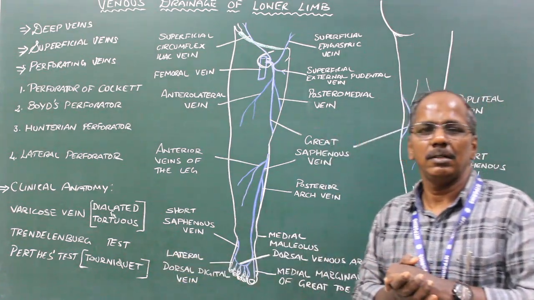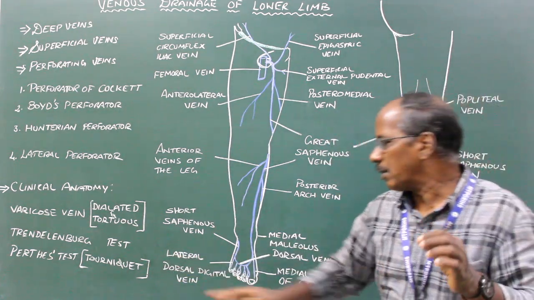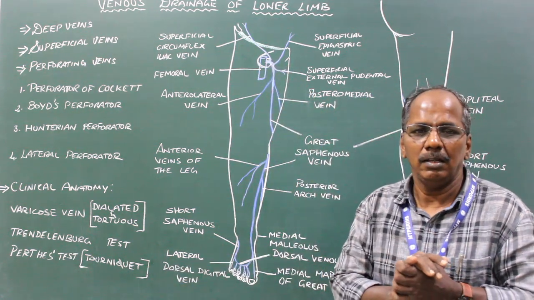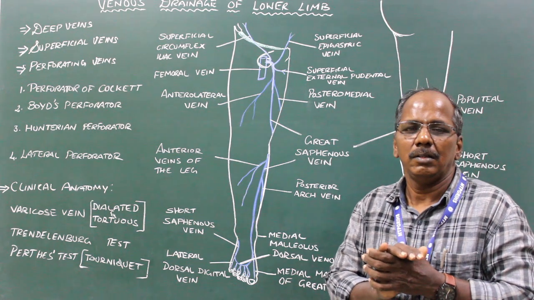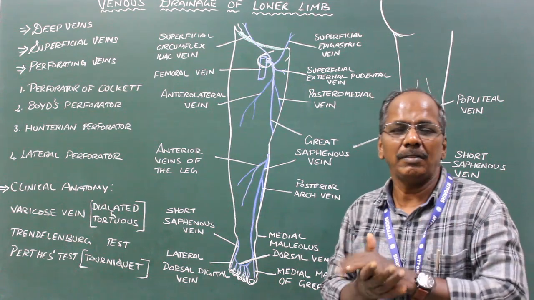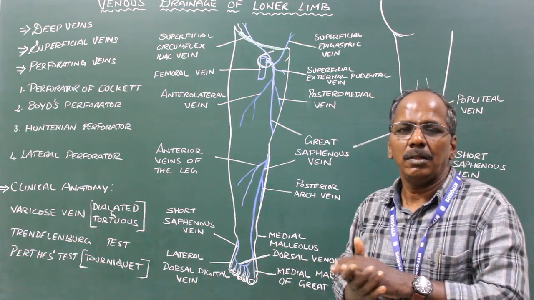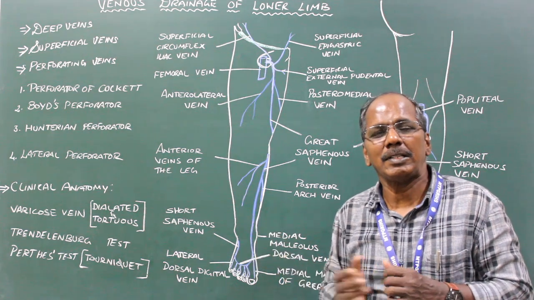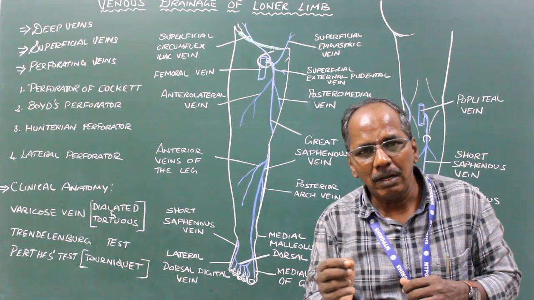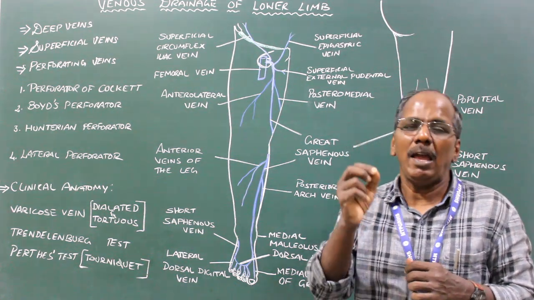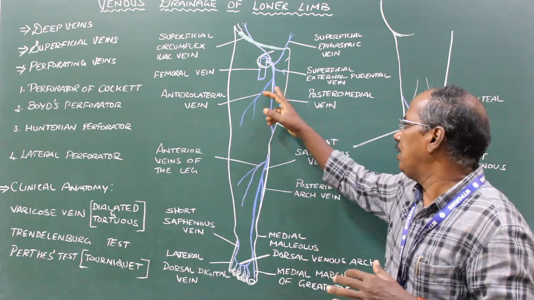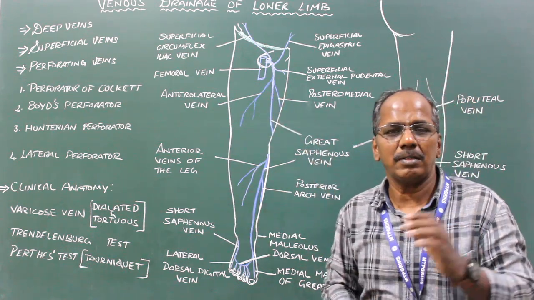Perthes test. In this, a tourniquet is applied at the upper part of the thigh to occlude the saphenous vein but not the femoral vein. The patient is asked to do gentle exercise like walking. If the valves present in the perforating veins and deep veins are normal, shrinking of the superficial veins will take place.